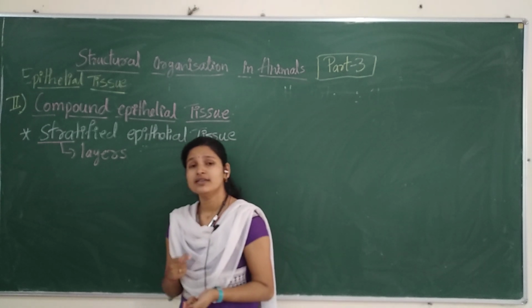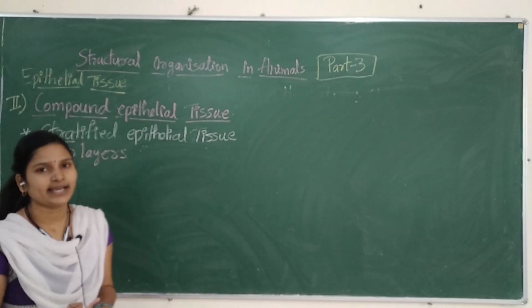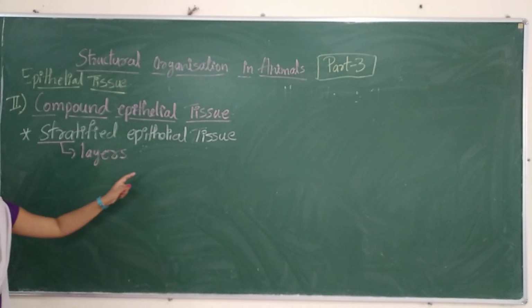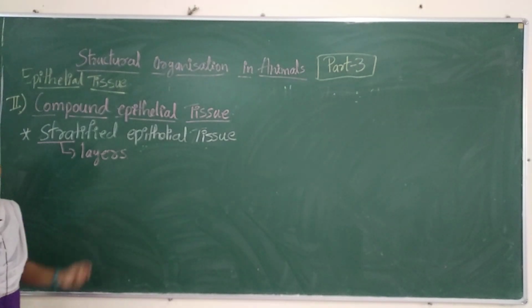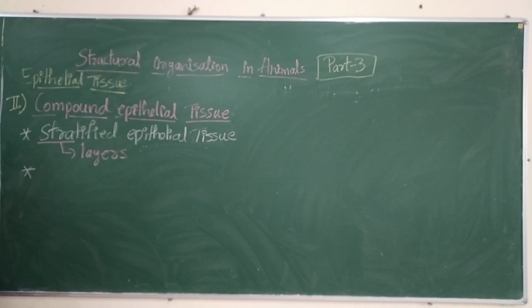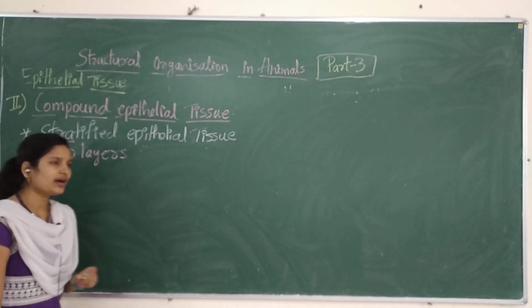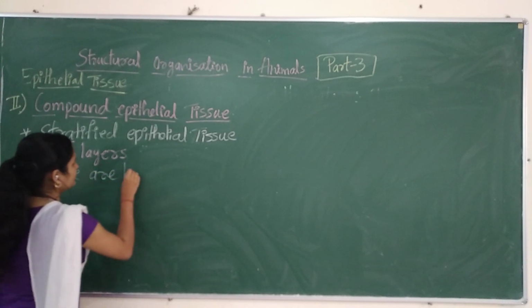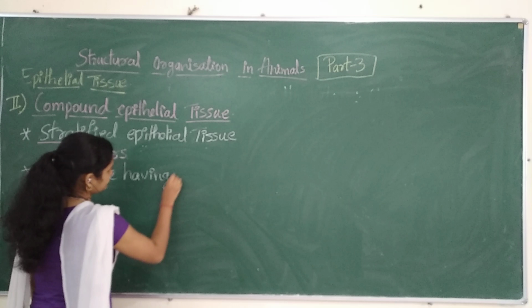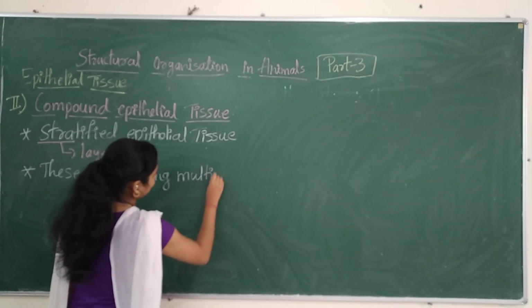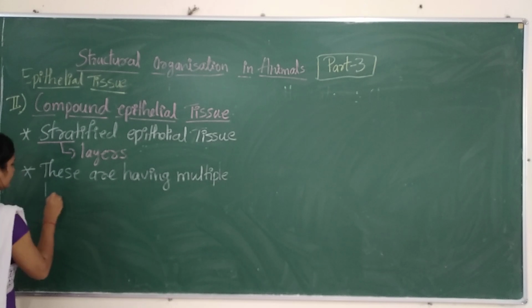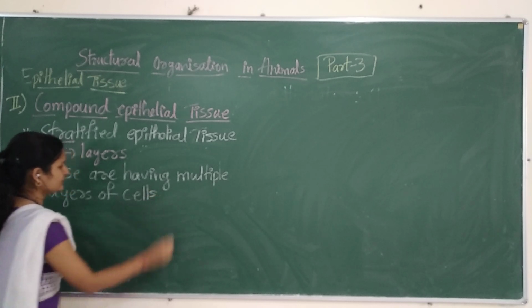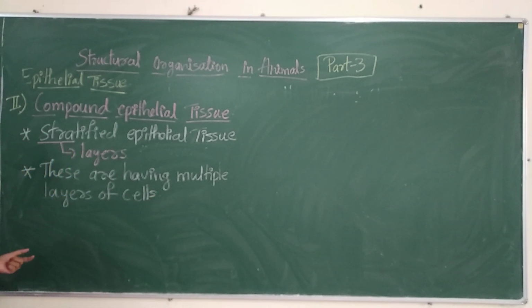They are not a simple layer, they are having multi-layered cells. That's why these are also called stratified epithelial tissue. Strata means layers. So please don't get confused between simple and compound. Compound epithelial tissue has multiple layers of cells.